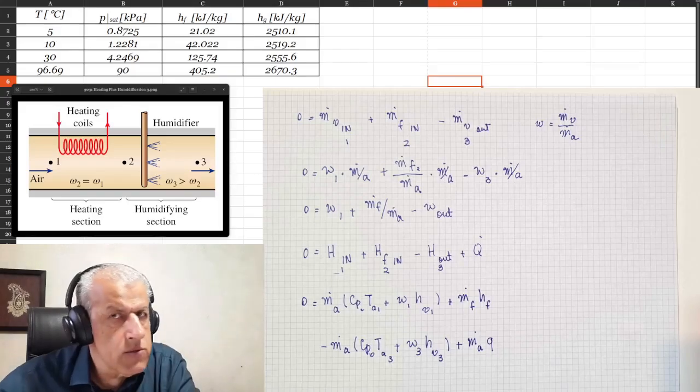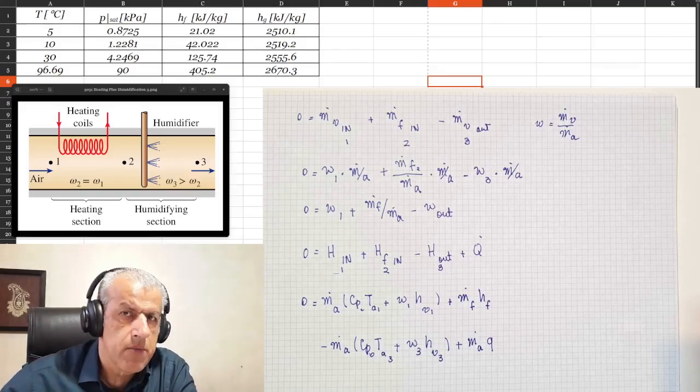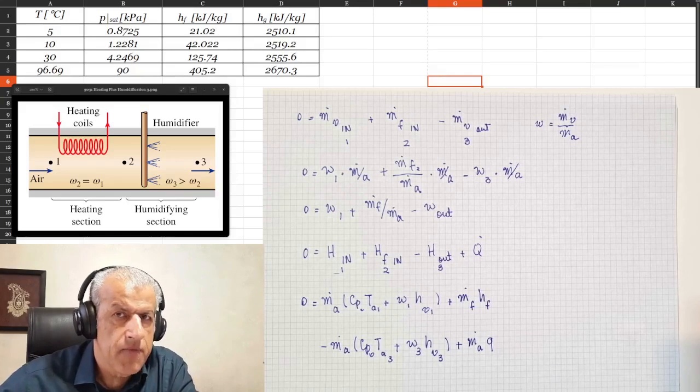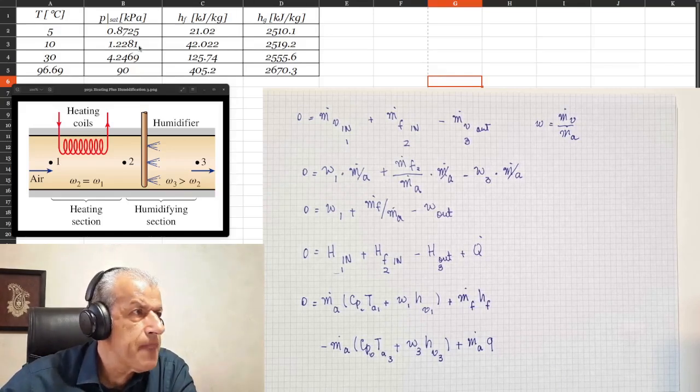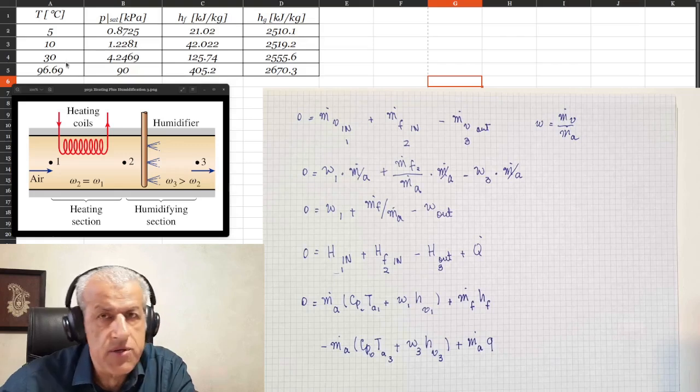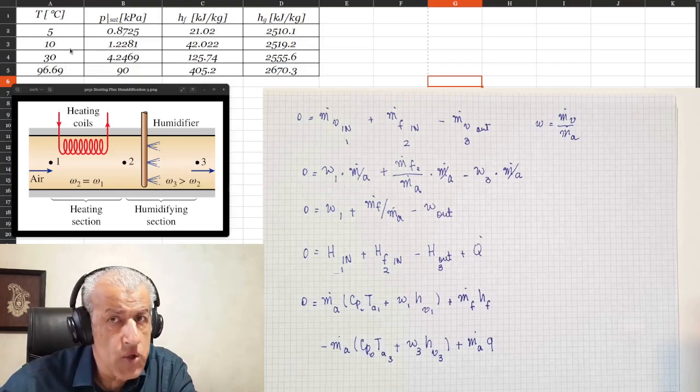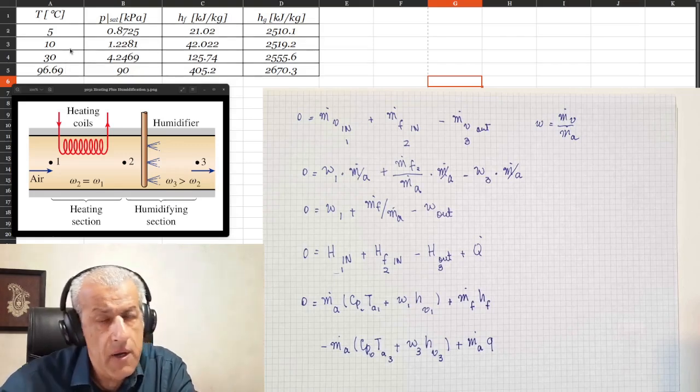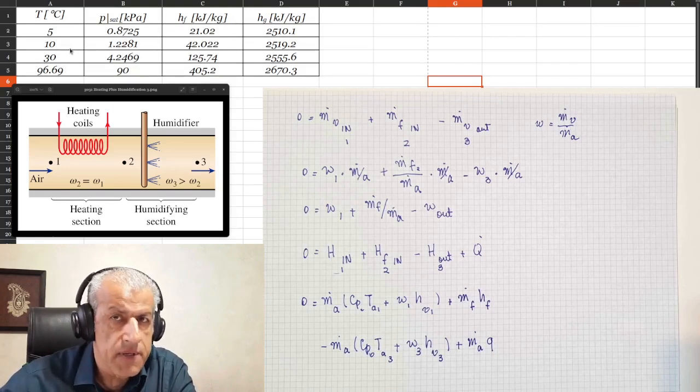But it's good practice in air conditioning problems to make a table for all points at different temperatures and know the water liquid and vapor properties at these temperatures.